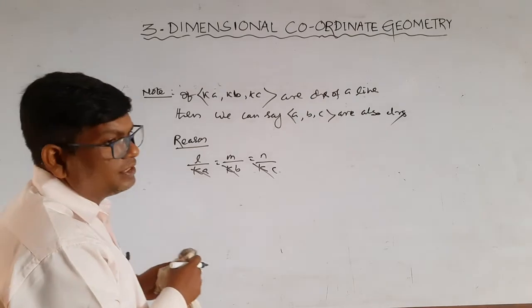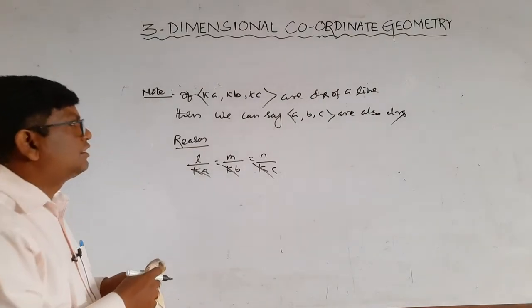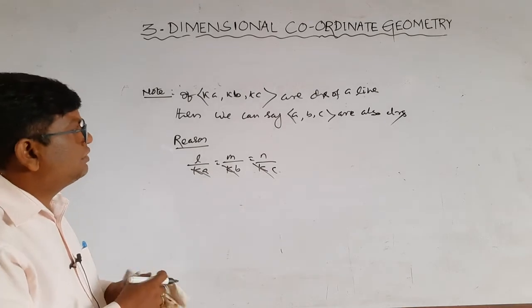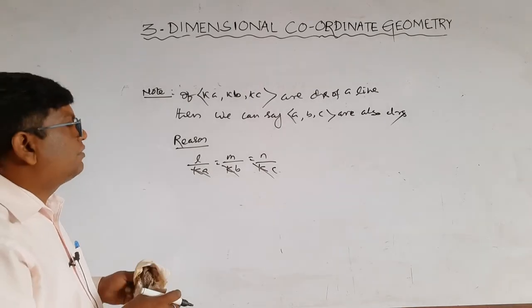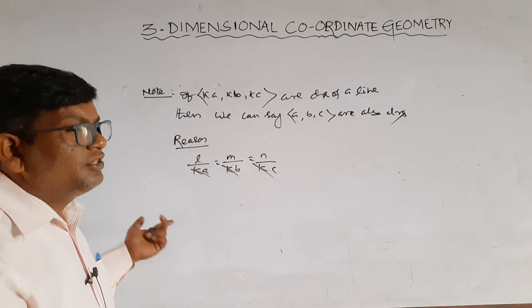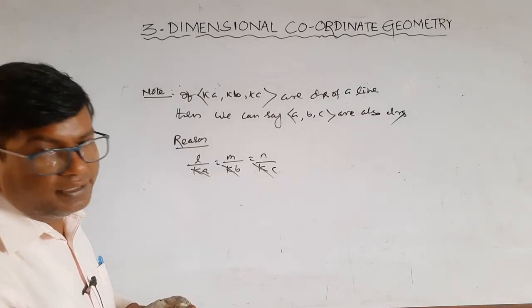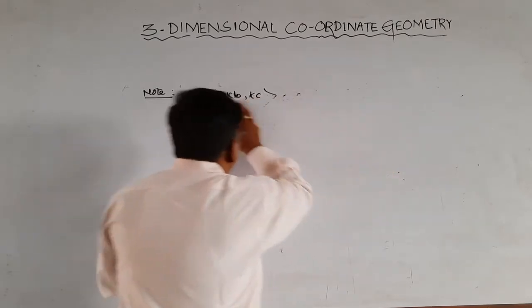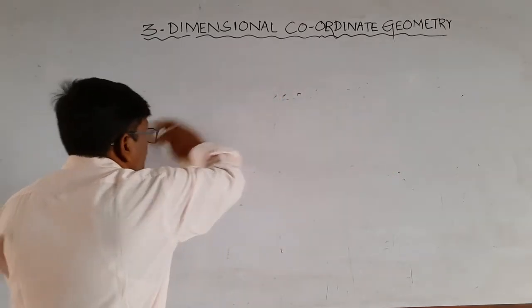Now some questions related to DRs and DCs. Before that we should derive a formula: DRs of a line joining 2 points.